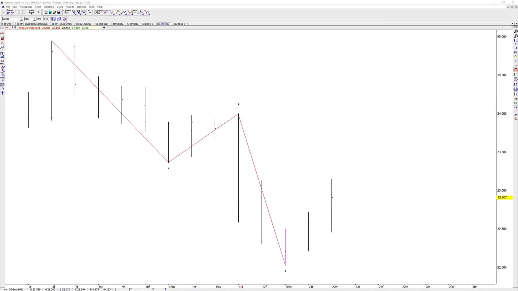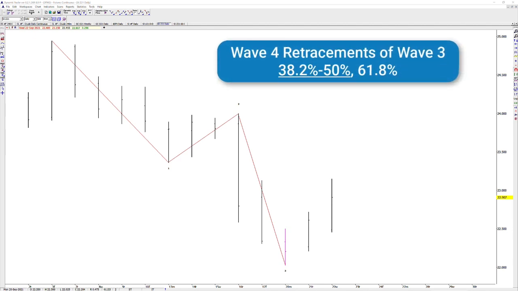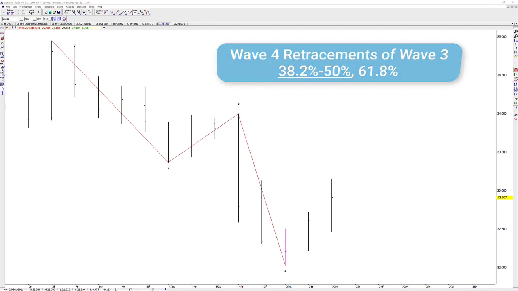The typical retracements for a wave 4 are around the 38.2% retracement of the wave 3 to the 50% retracement of wave 3. Those are the typical retracements, and again, that's where the 38.2% retracement comes in. It's very typical for a wave 4.